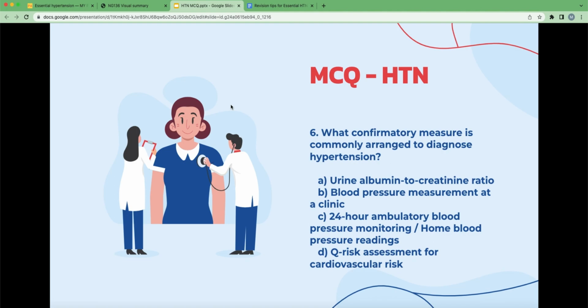C, 24-hour ambulatory blood pressure monitoring or home blood pressure monitor readings. D, the QRISK assessment for cardiovascular risk. Which one do you think is the answer? They're quite simple, so the answer is C. 24-hour ambulatory or the home blood pressure reading over 7 days, like we just discussed.